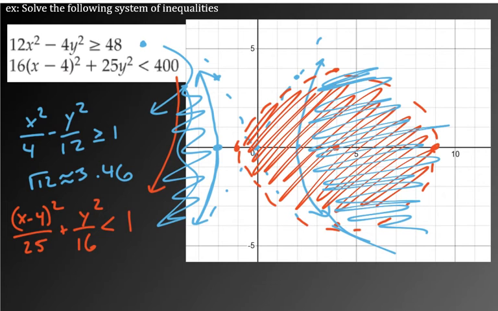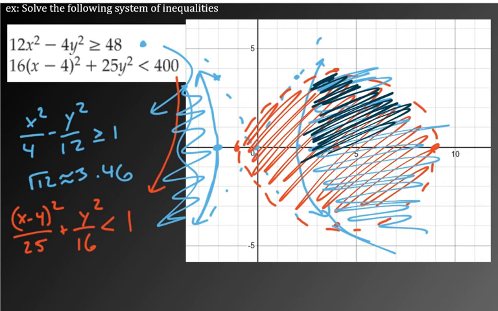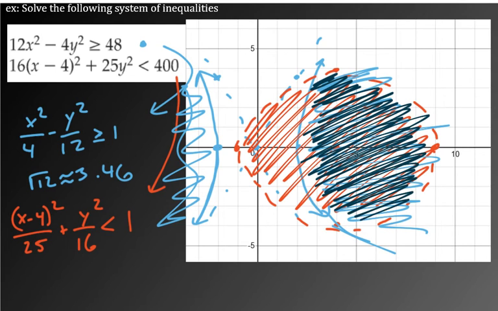And then the solution, though, right, is the overlapping shaded region, right? And so the solution is just this black area that I'm shading right here. So anything that is contained within the ellipse, but to the right of the rightmost part of my hyperbola.